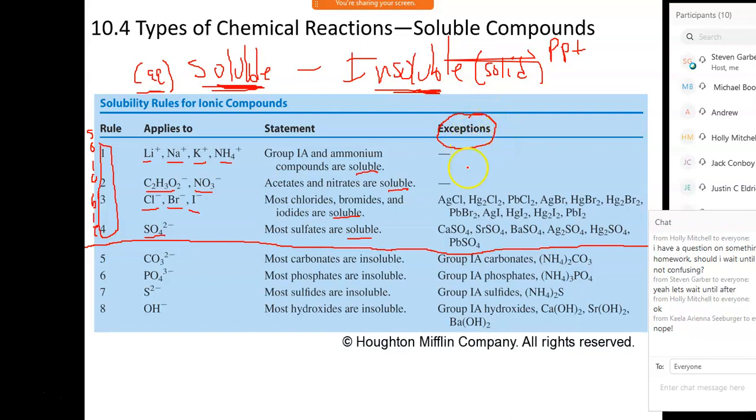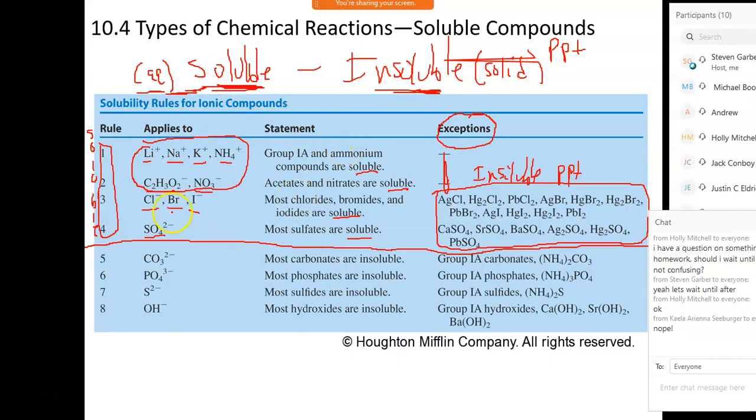The exceptions mean that anything with these is insoluble, or forms a precipitate or a solid. Notice if you have a lithium, sodium, potassium, ammonium, acetate, nitrate, there are no exceptions. Every single molecule that has one of these on it is completely soluble or aqueous.